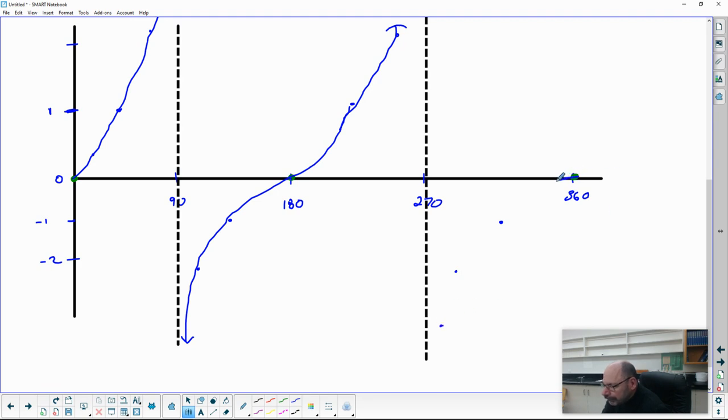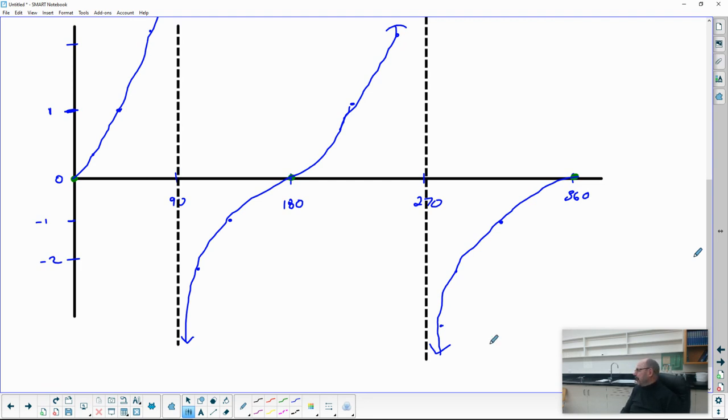Okay, that's supposed to look the same, but I'm not drawing too straight. But there's your curve. This one would go down there, and this would go up here, and there'd be an asymptote over here. So you can see that the period of tan actually occurs twice in a circle.